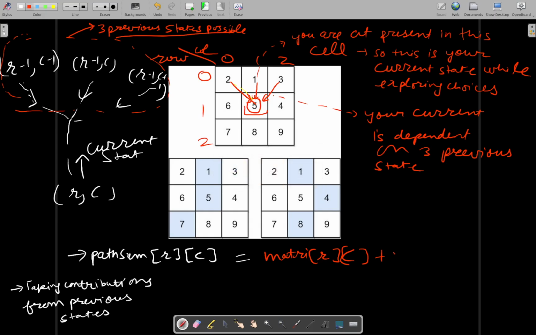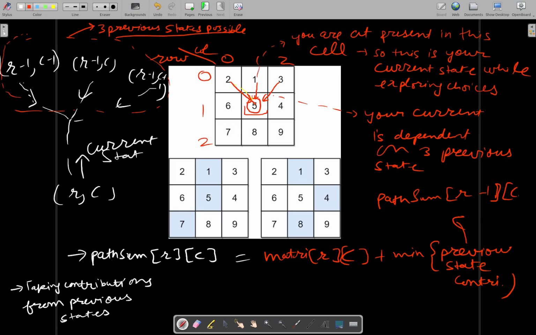So you will be taking the minimum of previous state contributions. Those previous states are nothing but path sum r minus 1, c minus 1, path sum r minus 1, c, and path sum r minus 1, c plus 1.